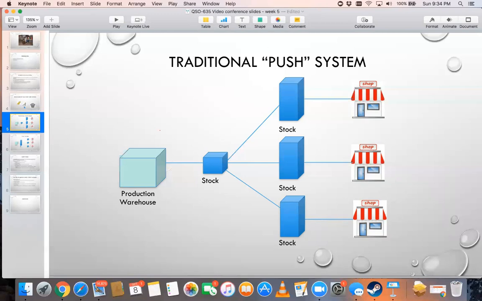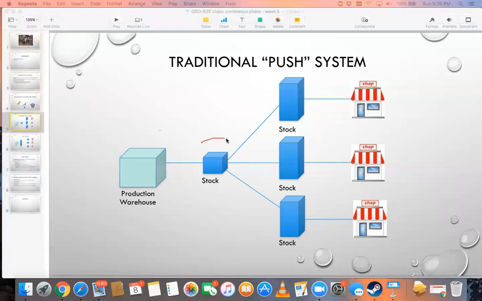You know what? I got the little drawing here. I'm going to start using that. So this is kind of like a safety stock here. This is pushed to each of these whenever there is a variation in demand that needs to be adjusted for. Okay.